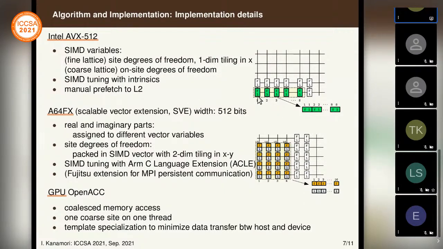In both cases, we also pack the site degrees of freedom into the SIMD variables, but in the Intel case we use one-dimensional tiling, and in the A64FX we use two-dimensional tiling. And on the GPU system, we use OpenACC to use the GPU.